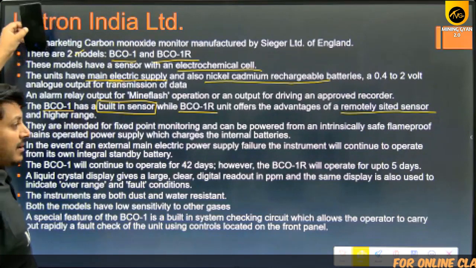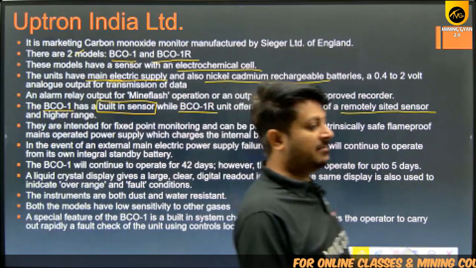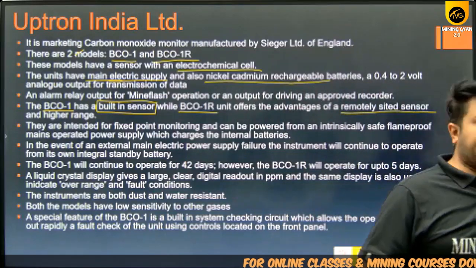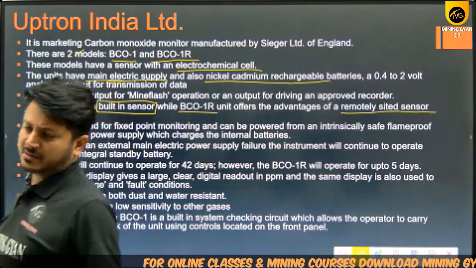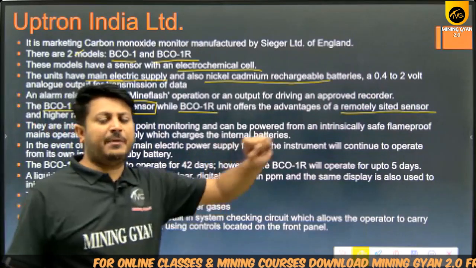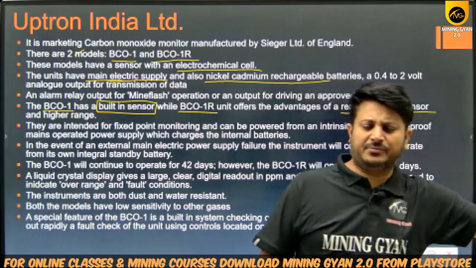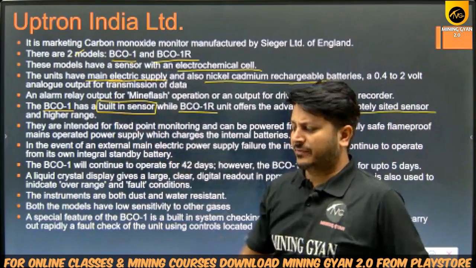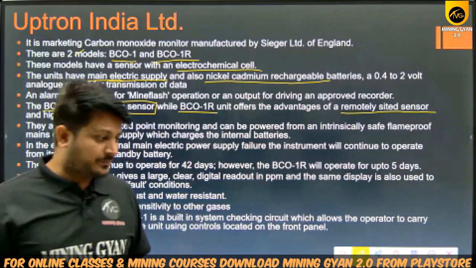Now that sensor, suppose it is placed in panel number 1 heading number 3, heading number 4, or the return airway of this gallery, or the return airway of that level or dip or rise, anything.